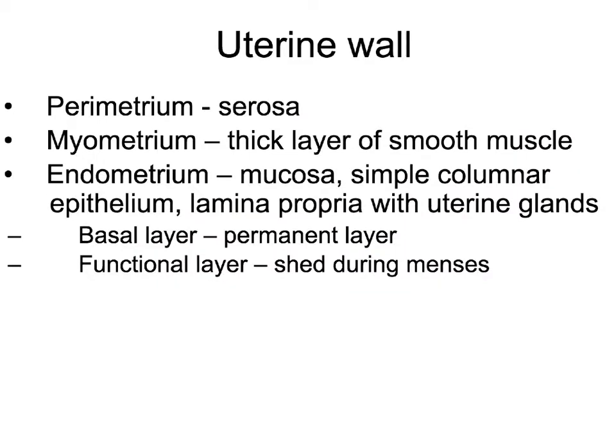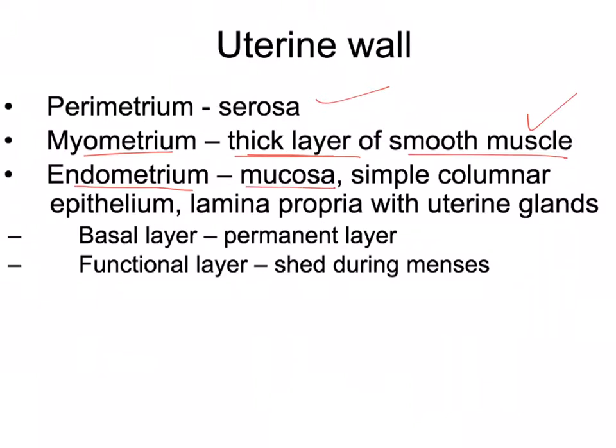So here I have this again. The perimetrium is the serosa, the outer layer. The myometrium is a really thick layer of smooth muscle. If you think about delivering a baby, how strong that muscle has to be. So the myometrium is very strong. The endometrium is the mucosa, so that's what's going to slough off.